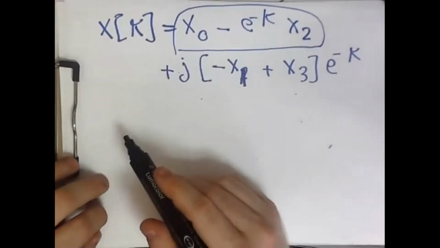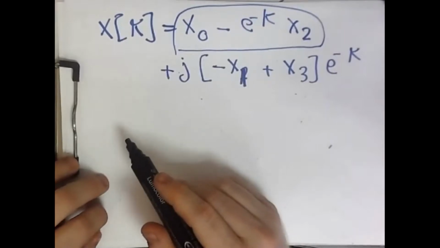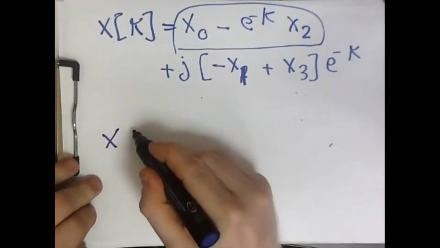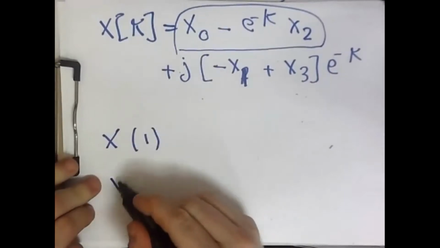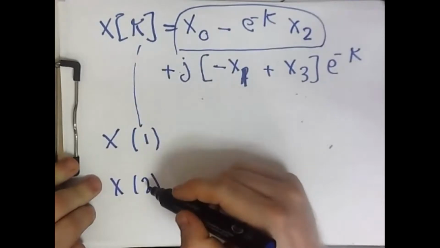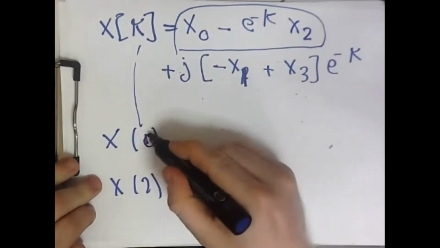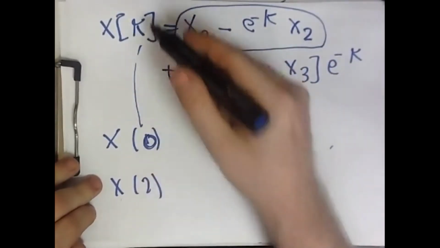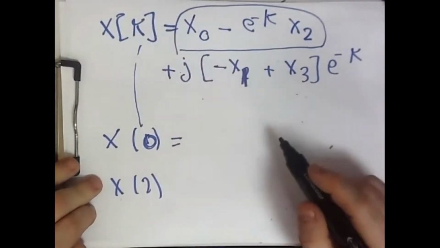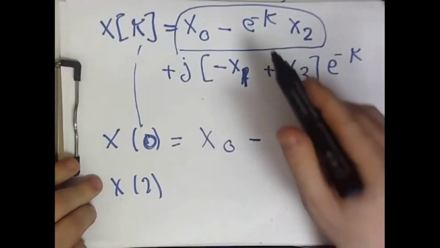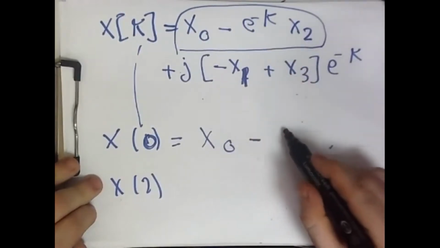Now we have two outputs of this, x of 0 and x of 2, by substituting the even terms in k. So for k equals 0, you will get x0 plus x2.